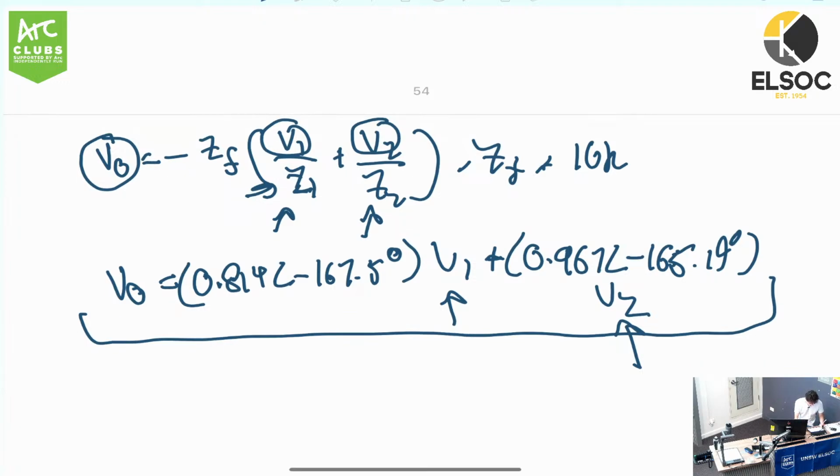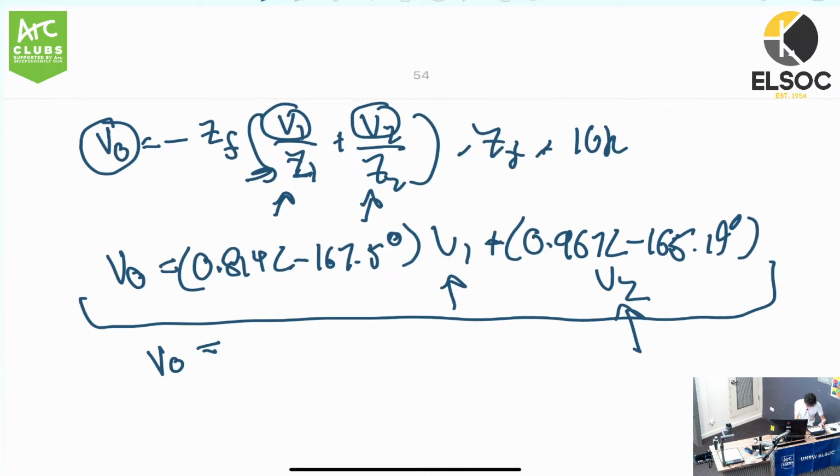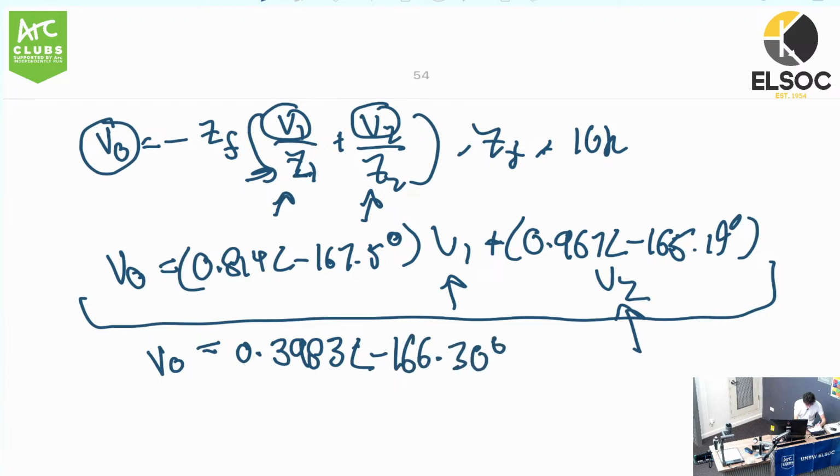Okay. So V out should be equal to 0.398 or whatever, and that's angle 166.30 degrees.